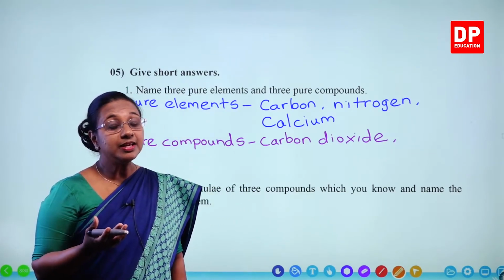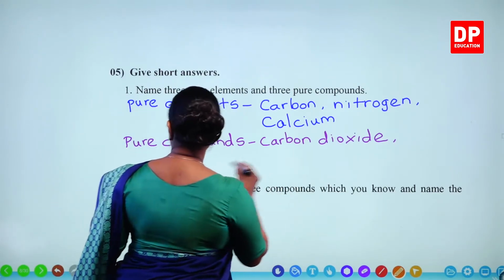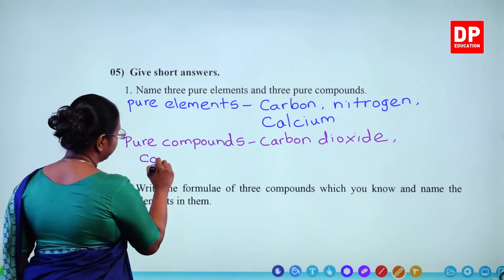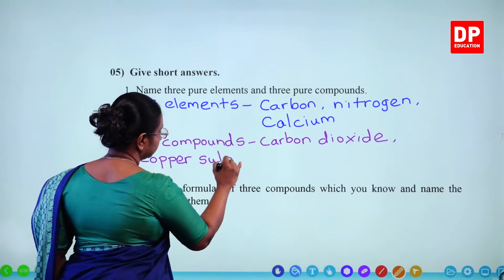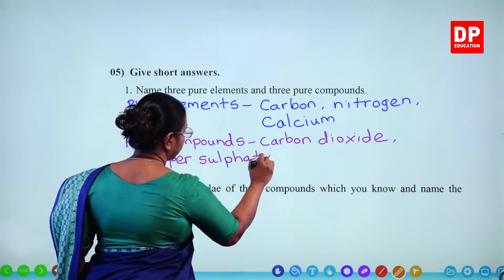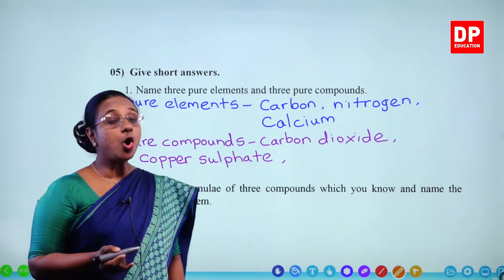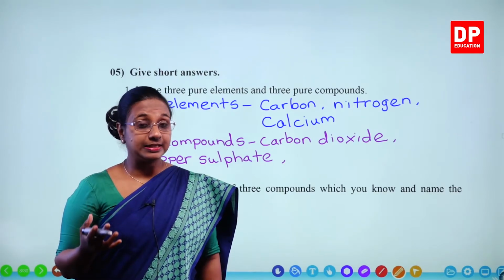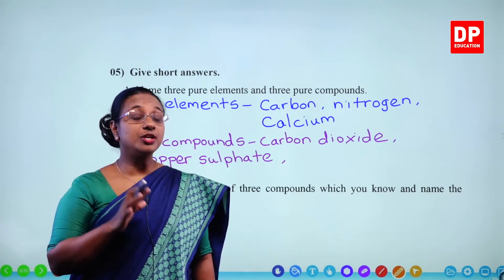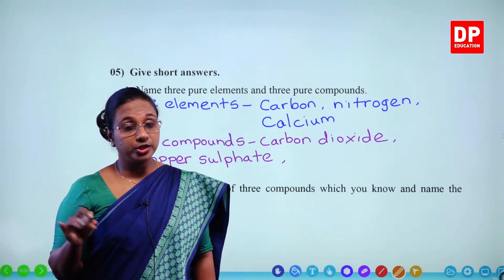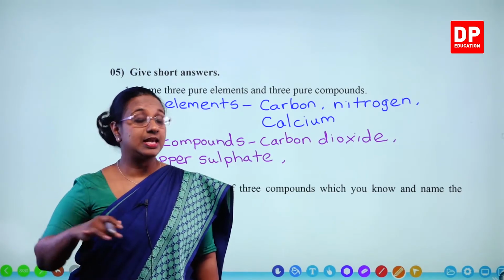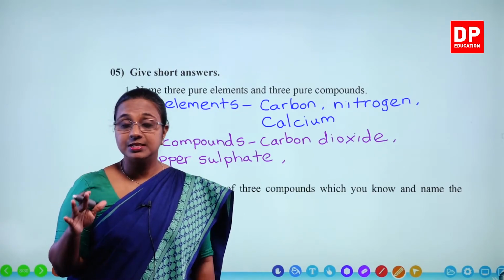Copper sulfate is another compound. So we can write copper sulfate. Then what about water? Water is a compound, but not the tap water, not the drinking water, not even seawater, because they are all mixtures. They have many other substances dissolved in them.